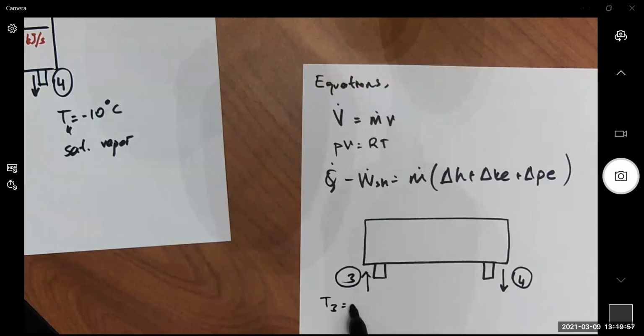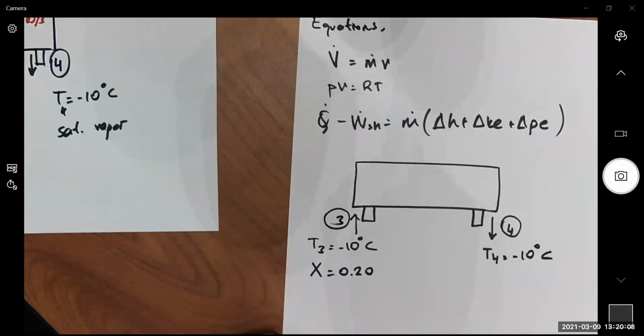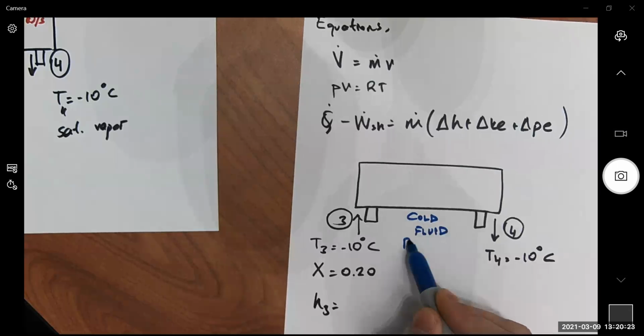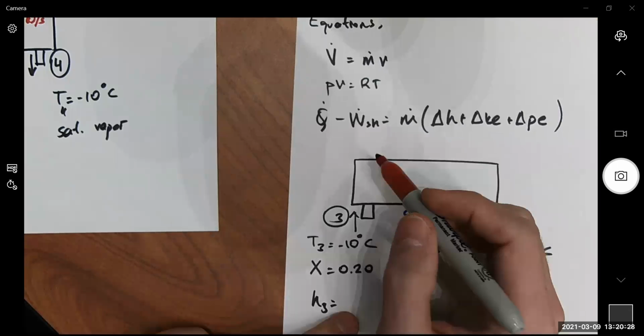Temperature -10 Celsius, quality factor 20%, leaves at -10 Celsius. What is my enthalpy at the inlet? This is the cold fluid, only the refrigerant 22 cycle. I put my boundaries around it.